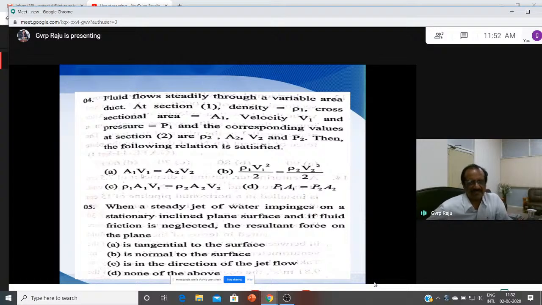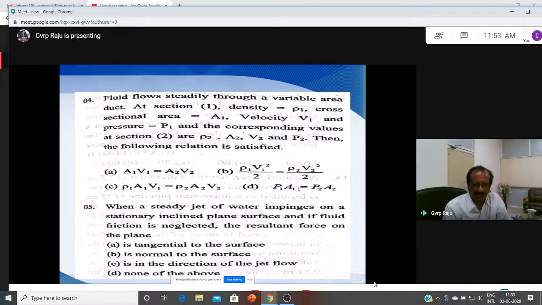Then the following relation is satisfied. We have a discharge equation, the continuity equation. The continuity equation for one-dimensional flow, for which the assumptions are steady incompressible fluid, gives A1 V1 equal to A2 V2.